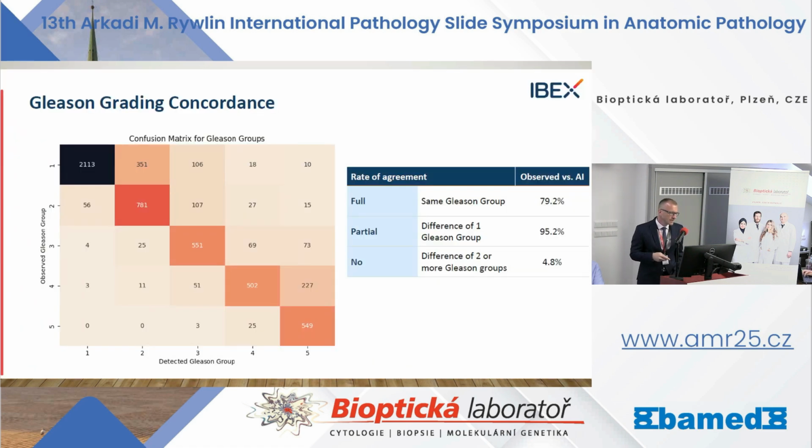So the concordance is nice. At least almost 80% is complete concordance, and from the 20%, 95% is a difference of just one Gleason group, and 5% a difference of 2 or more.